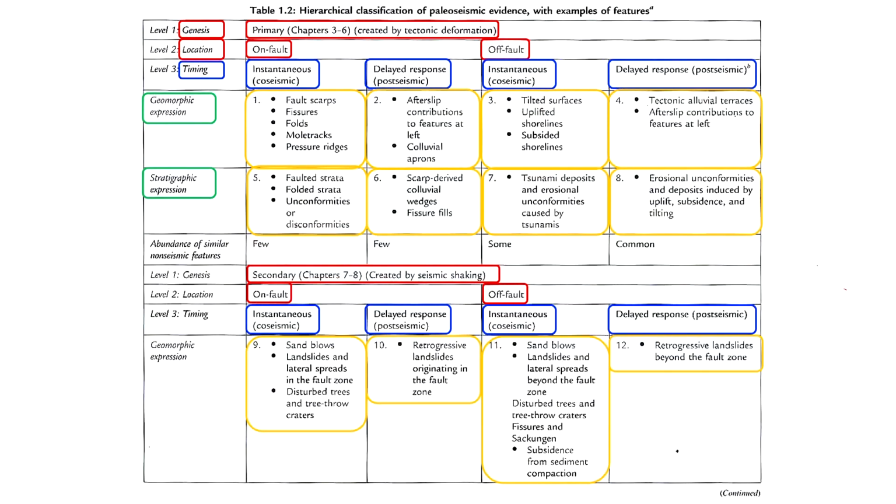So the second part, where we stopped was on the secondary structures, and the secondary structures we mostly see because of strong ground shaking, and this can happen far away, more than 100 kilometers away from the epicentral area of any site.